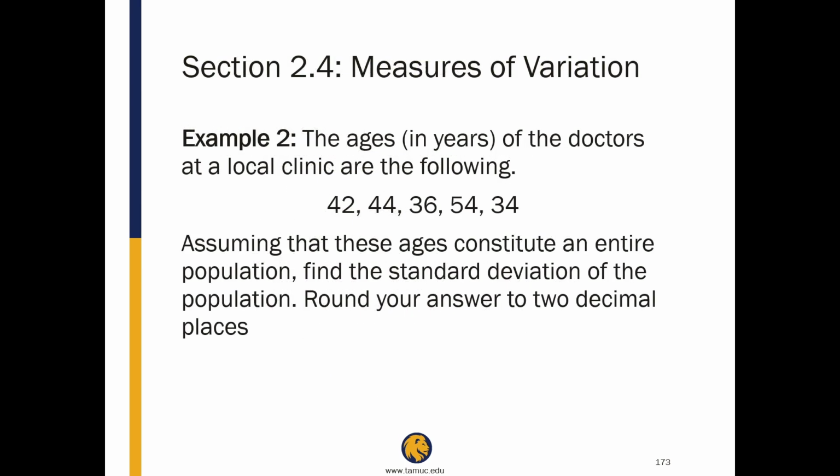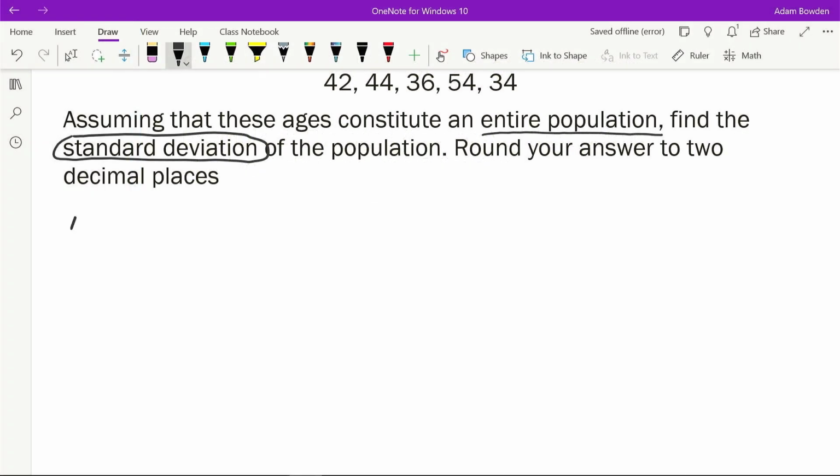Let's take a look at some actual numbers, and let's calculate the standard deviation on this data set here. So first thing we need to do is to determine the mean of our data values. So to do the mean, mu is the letter here we use for population mean. The sum of all the values divided by the number of values.